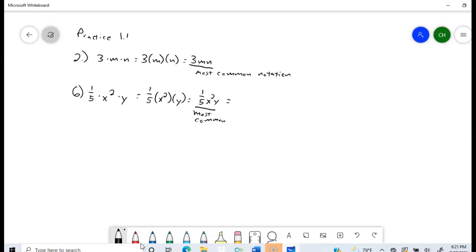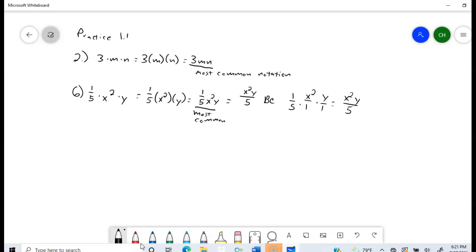But I just want to point out another way to write this same thing would be x squared y over 5. Because it would be the same thing as 1/5 times x squared over 1 times y over 1, which would give you x squared y over 5.